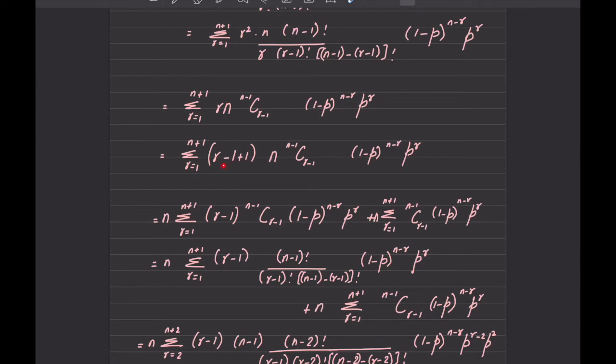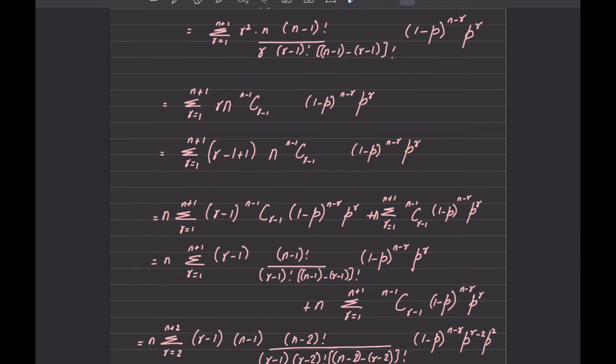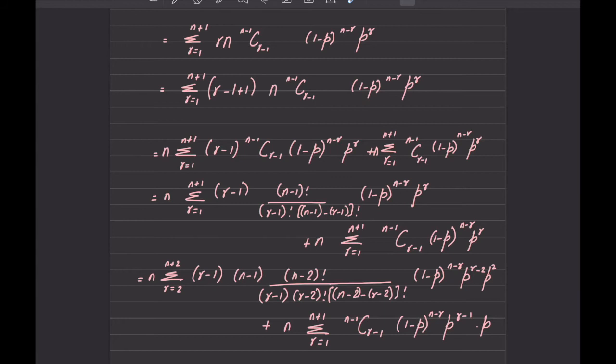Hence I can split it up as r minus 1 and another term of 1. So I've written the entire thing down with the factor of r minus 1, and I've written the entire thing down with the factor of 1. We can take n outside because it is not a function of r.